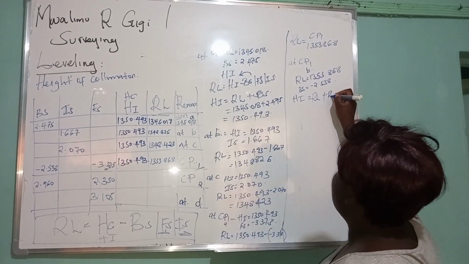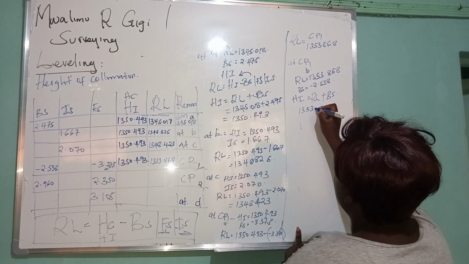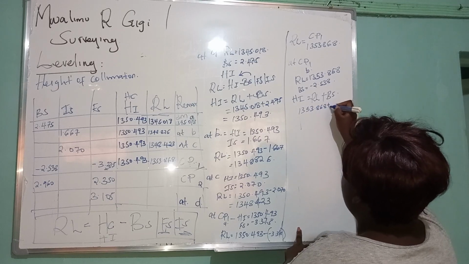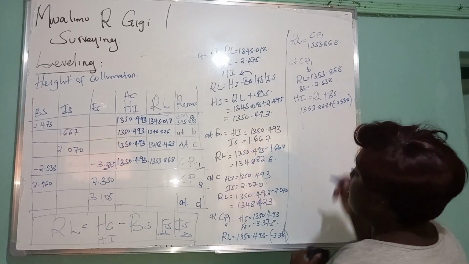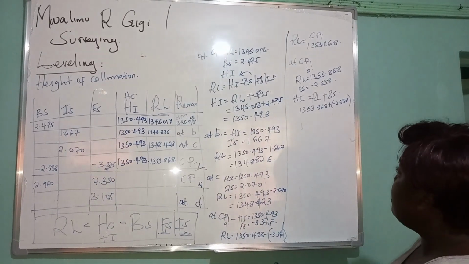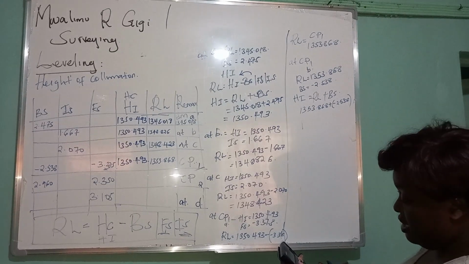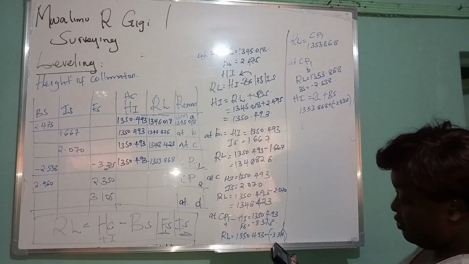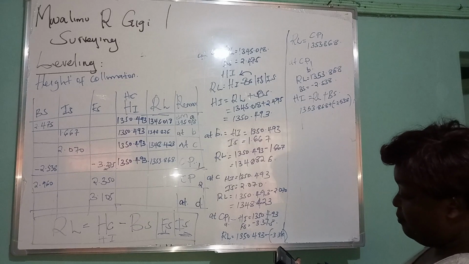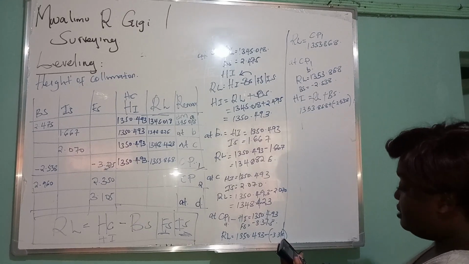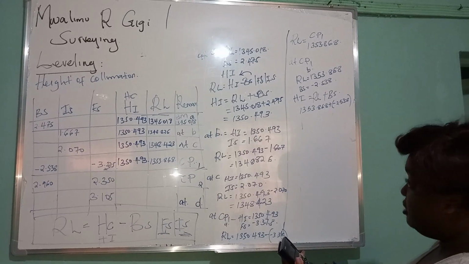So height of instrument is the reduced level plus backsight. So the reduced level is 1353.868 plus negative 2.538, which is 1353.868 minus 2.538.